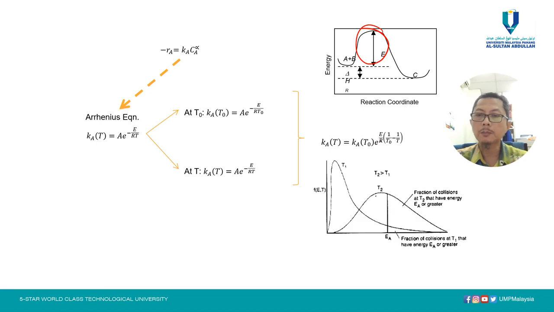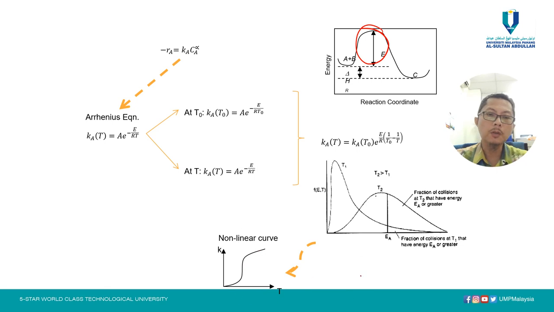And temperature is important to help the reactant overcome the energy barrier, so that the contact is effective to let the reaction occur. Normally, if you plot the rate constant versus absolute temperature, it will be a sigmoid graph like this.